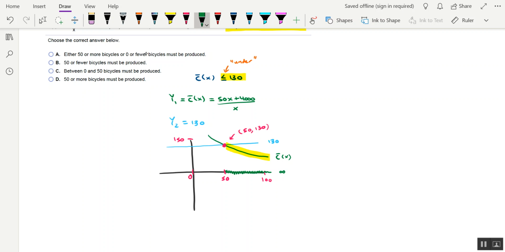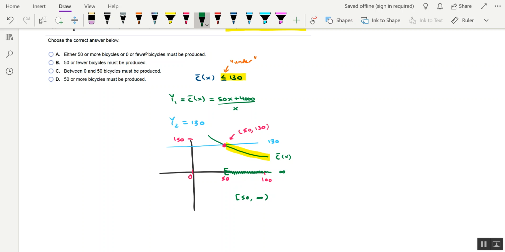In terms of whether or not to include the 50, in this case you would want to, by virtue of the bar being underneath the inequality symbol. So in interval notation, this would look like [50, infinity). We want to choose an answer choice that best lines up with this interval notation.